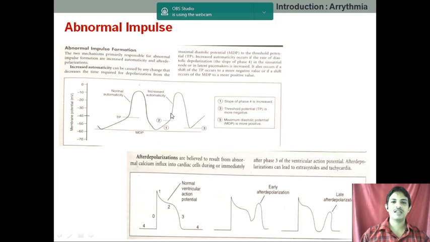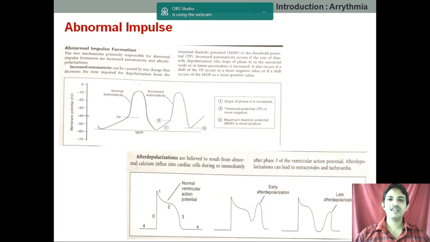Here you can find that the time required for depolarization is reduced. That means depolarization occurs quickly. So this phenomenon is known as increased automaticity.